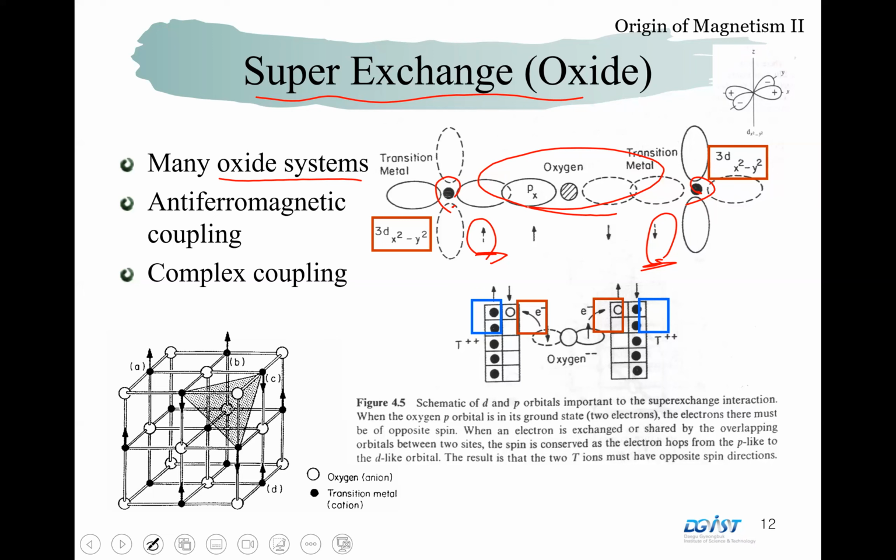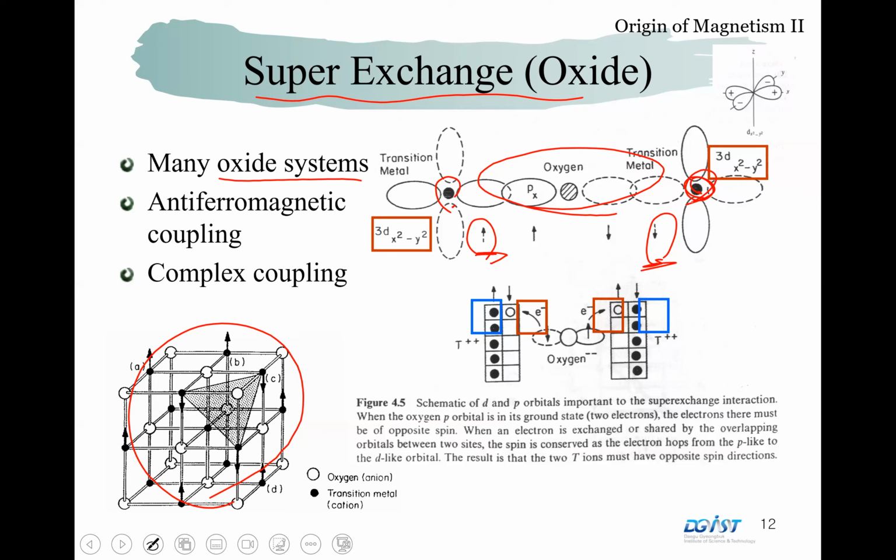Okay? So in many oxide systems, basically they form antiferromagnetic materials. But if you change this one transition metal with the other one, then it forms ferrimagnets, and the number of phases is really high.